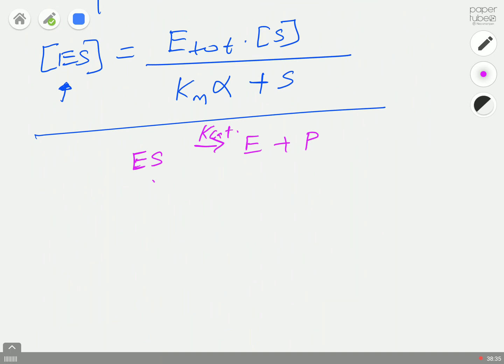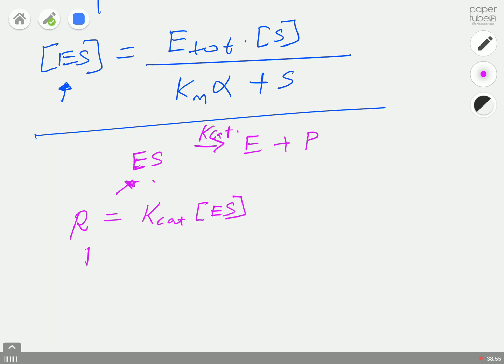So K catalyst, and since this is the slowest reaction and decides the overall rate of reaction, let's call the rate of the reaction is equal to K catalyst multiplied by your enzyme substrate complex.